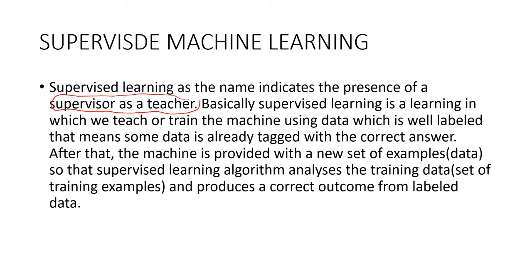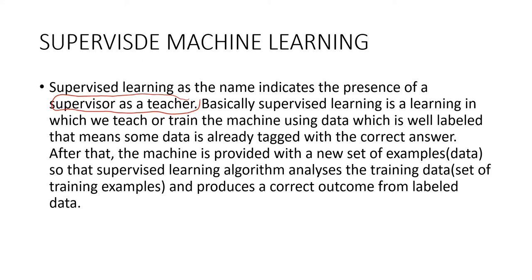See, data is classified into labeled data and unlabeled data. Labeled data means, for example, you have some photos of animals. If they are labeled as this is a horse, this is a lion, this is a tiger, then it is labeled data. If it is not labeled, it is known as unlabeled data. You understood.